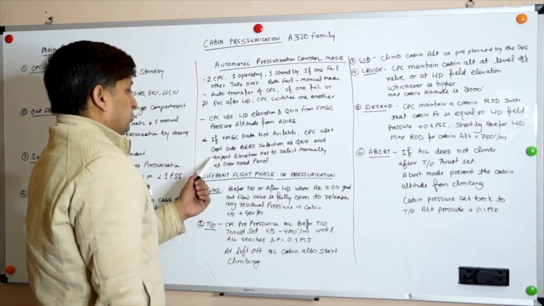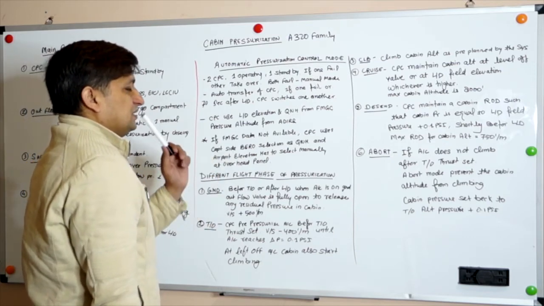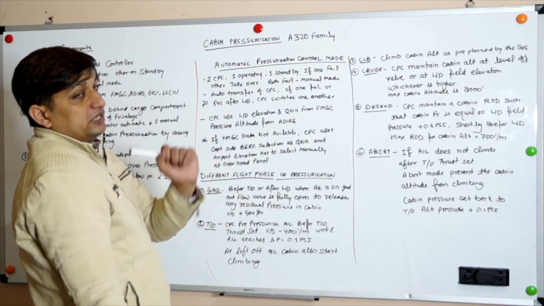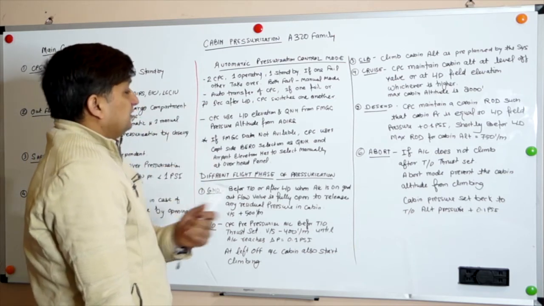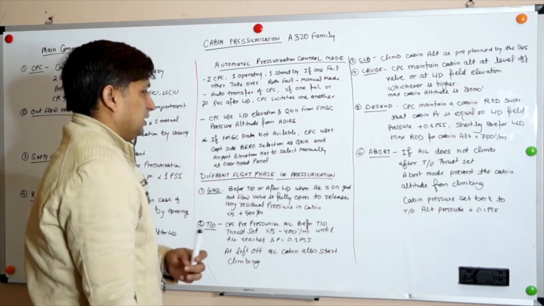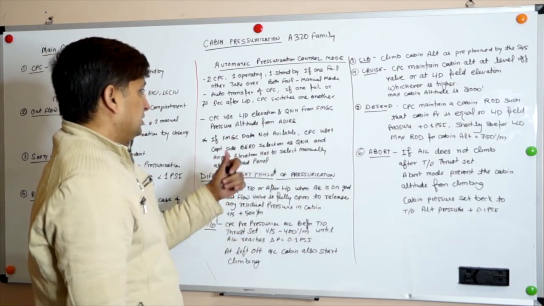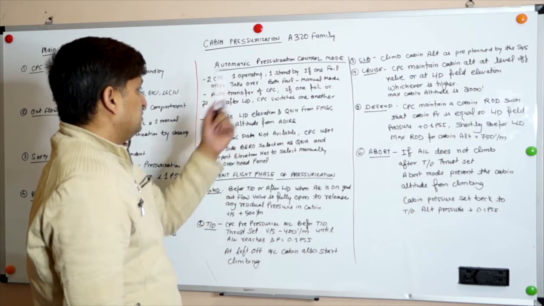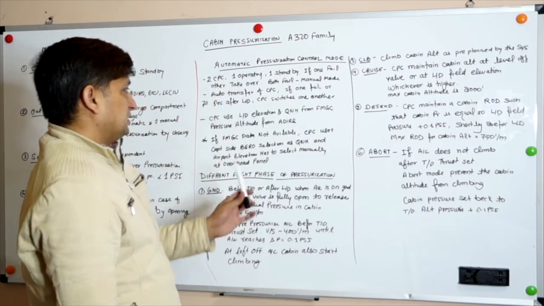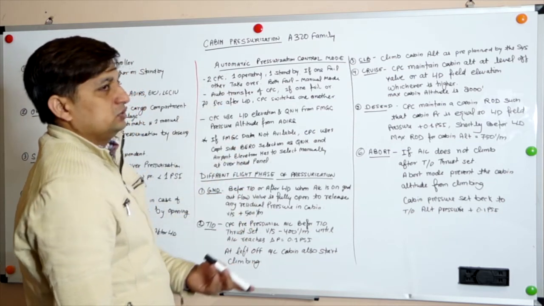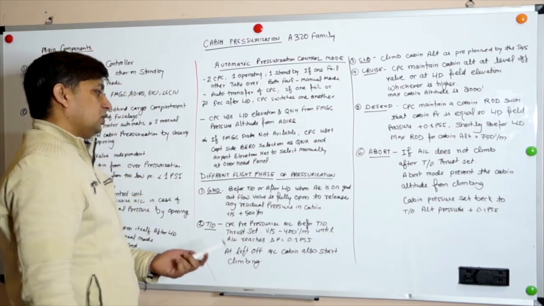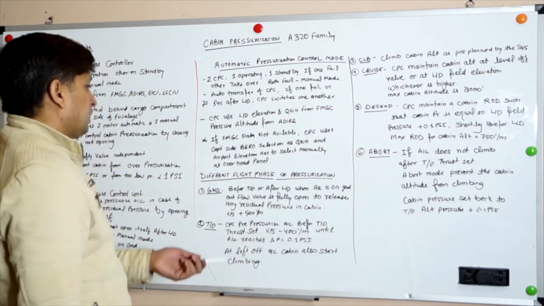Okay, and the airport elevation has to be selected manually from the overhead switches if the FMGC data is not available, and whatever you select manually will be taken by the CPC to calculate the pressurization and to maintain the depressurization at the time of landing.